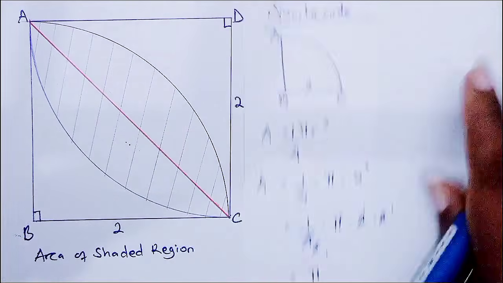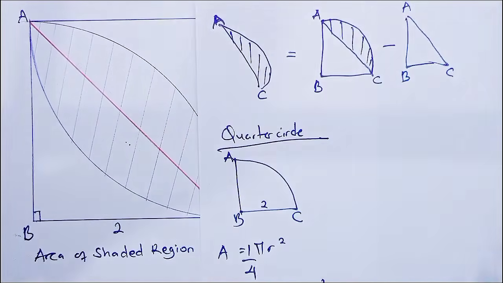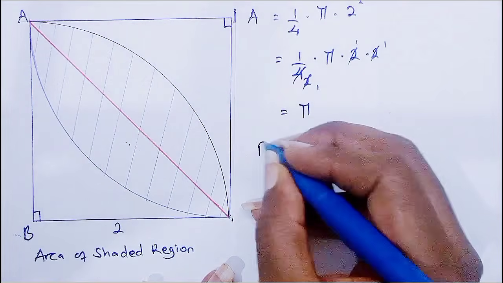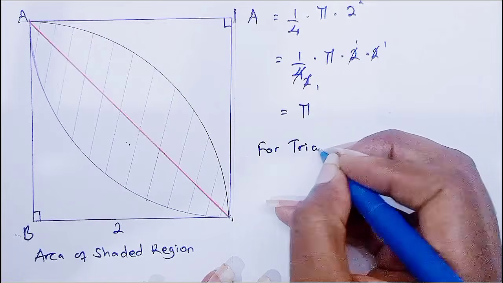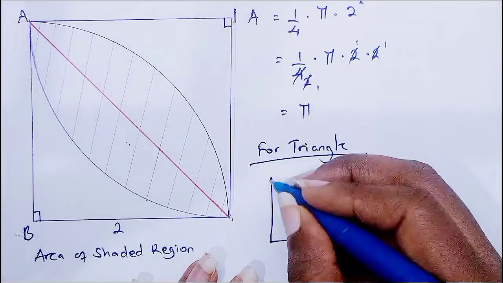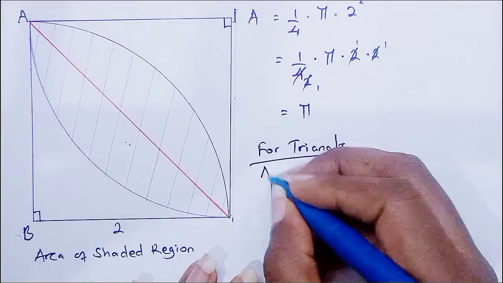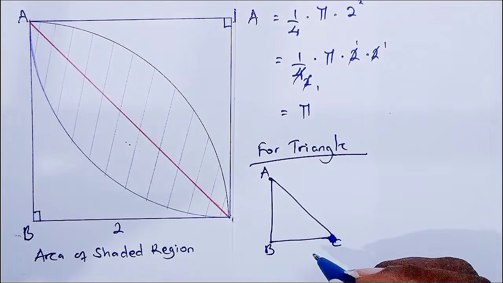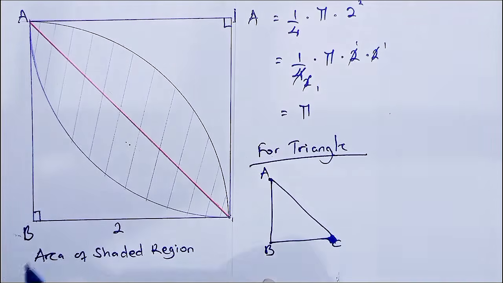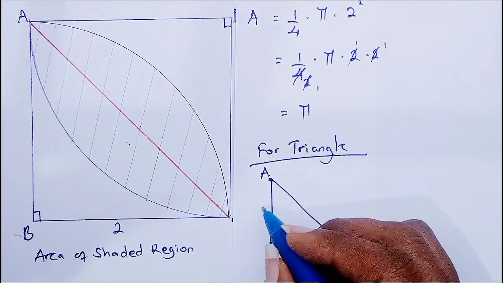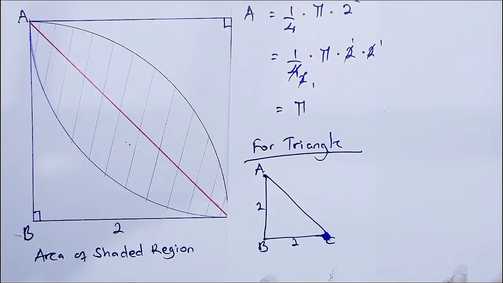Then for the area of the triangle, this one here, so for the triangle A, B, C, since BC is 2 and BA is also a side of the square, which is also 2.